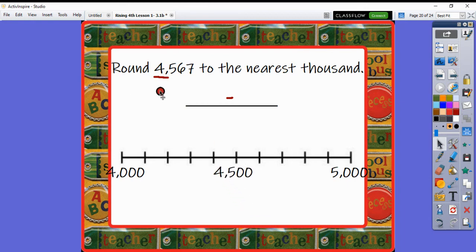And the number 4,567 is greater than 4,500. So this would be 4,600, 700, 800, 900. And I know that 600 is here, so it would be about right there. And it's greater, so it's going to be a little bit closer to that 5,000. So if I had a friend that was selling a car for that exact amount of 4,567, they might estimate or give me the number that would be closest to it. They might say, oh, it's about $5,000.